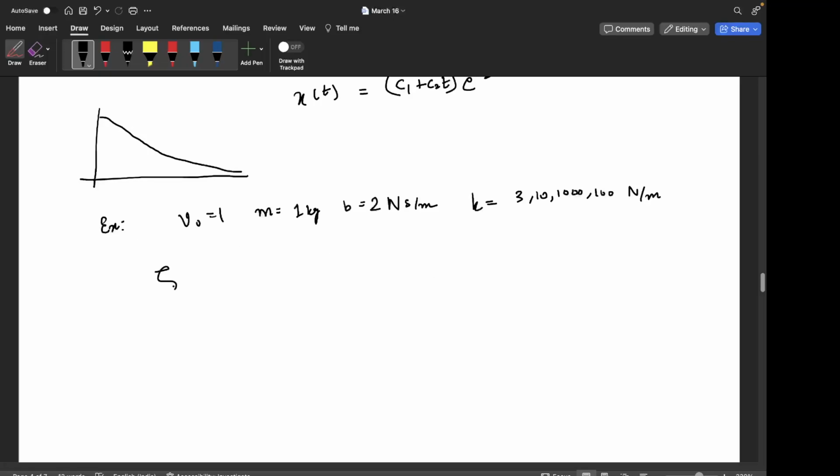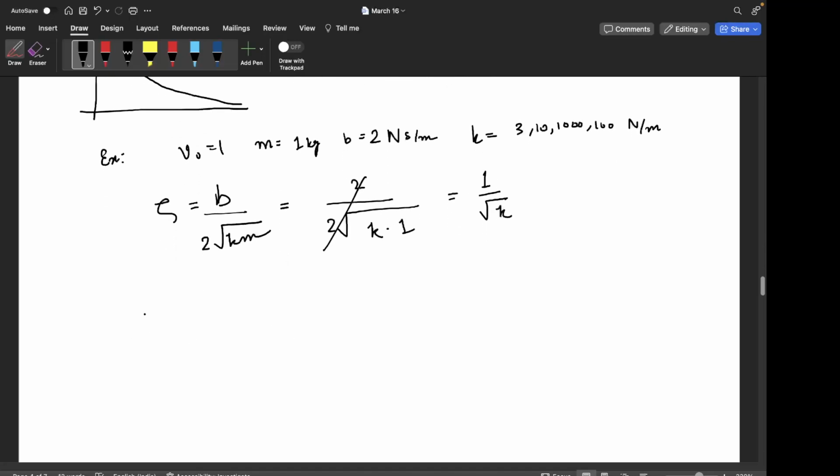So xi is b by 2 under root km. So b is 2 under root k, let us keep k as it is, m is 1, so the 2 cancels, so this is 1 by under root k. Let's quickly write the xi values.